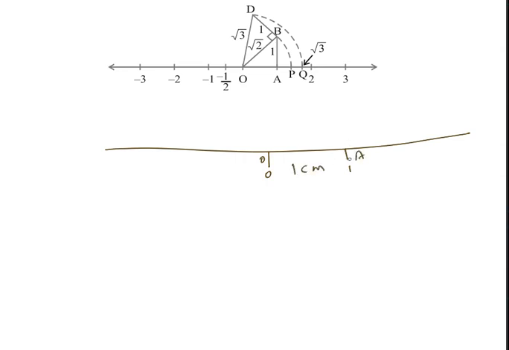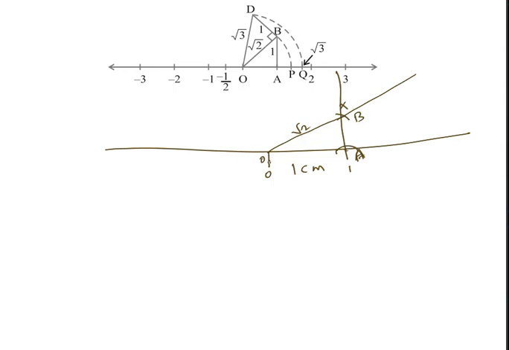We consider this point as A. At this point A, we draw one perpendicular, and over this perpendicular we draw a 1 centimeter arc. If we join O and this intersecting point, we get root 2. If we mark it as B, OAB is a right angled triangle and the length of OB is root 2.